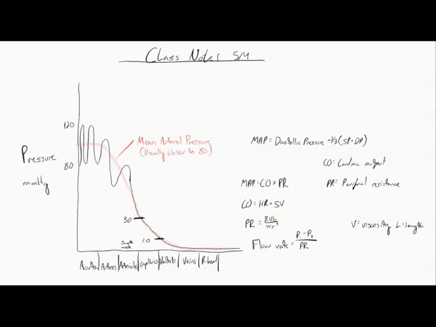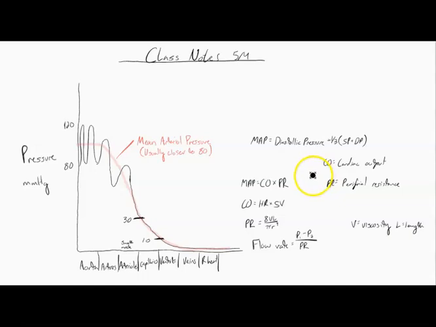Next, we're going to talk a little bit about mean arterial pressure, or MAP. MAP is calculated by your cardiac output multiplied by your peripheral resistance, meaning resistance on the outside of your arteries.